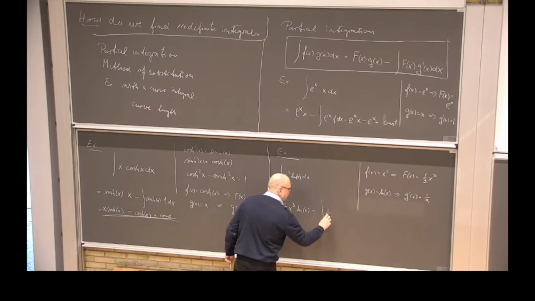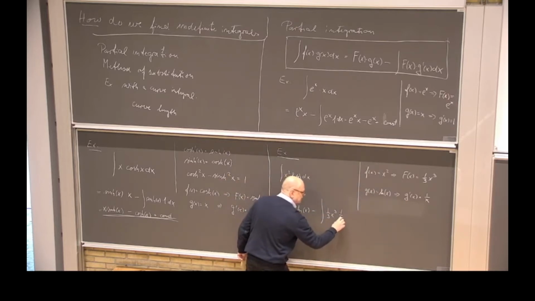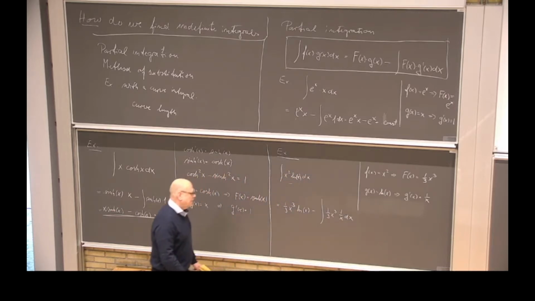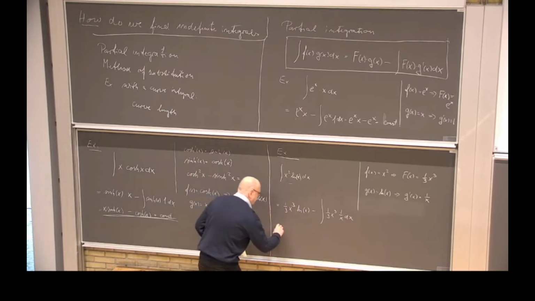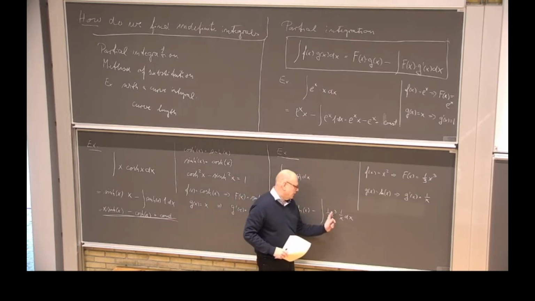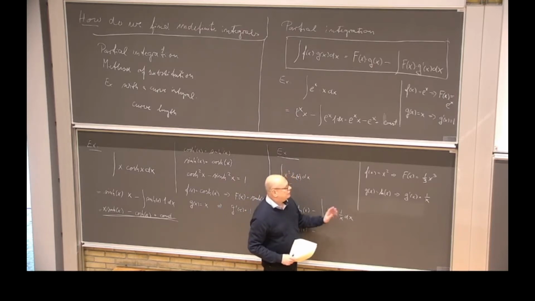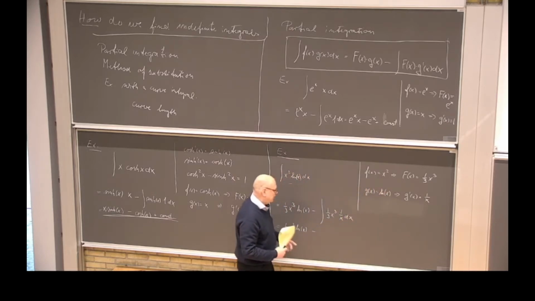You still have 1/3 x cubed, but now you have the derivative of g, and that is 1/x. x cubed divided by x is x squared, and we have just computed the indefinite integral of this one, that is 1/3 x cubed.